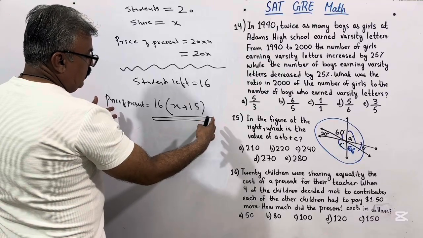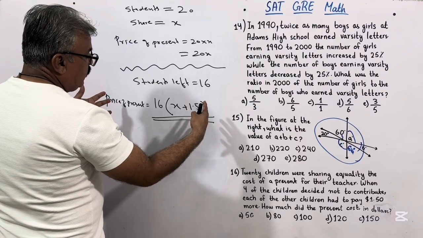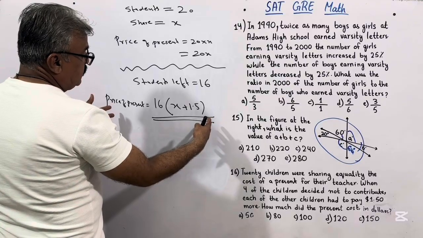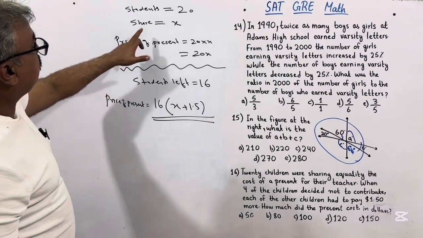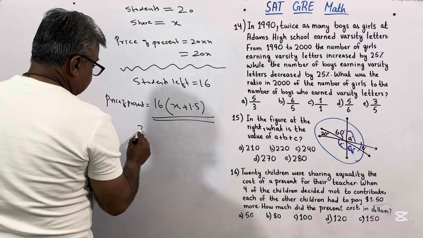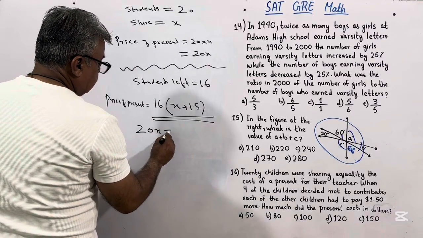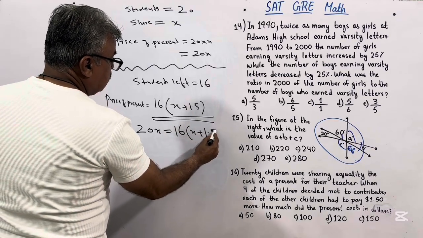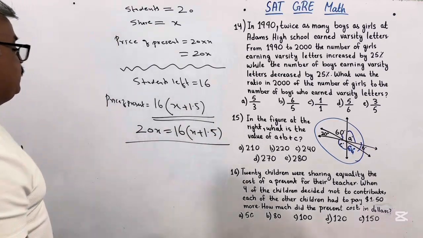They took another course, not to contribute for the present of the teacher. So the price remains the same in both cases. 20x is equal to 16 times (x plus 1.5), the connecting link for the prices.